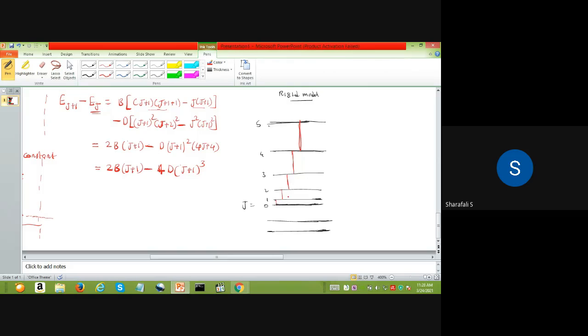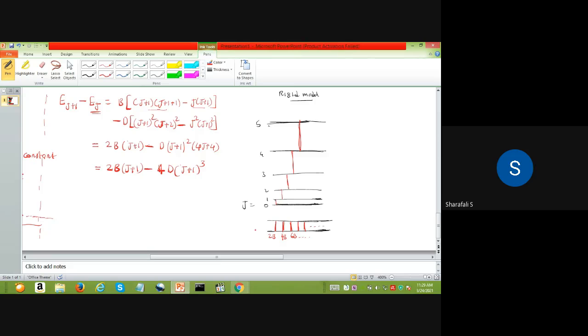All these transitions are possible, and correspondingly we will get spectral lines like this, one in each transition, and so on. The separation of the first spectral line is at 2B, the second one is at 4B, then 6B, etc.